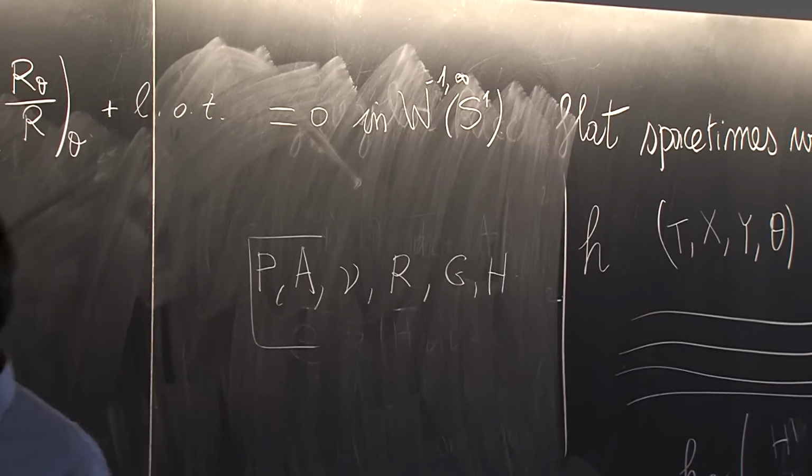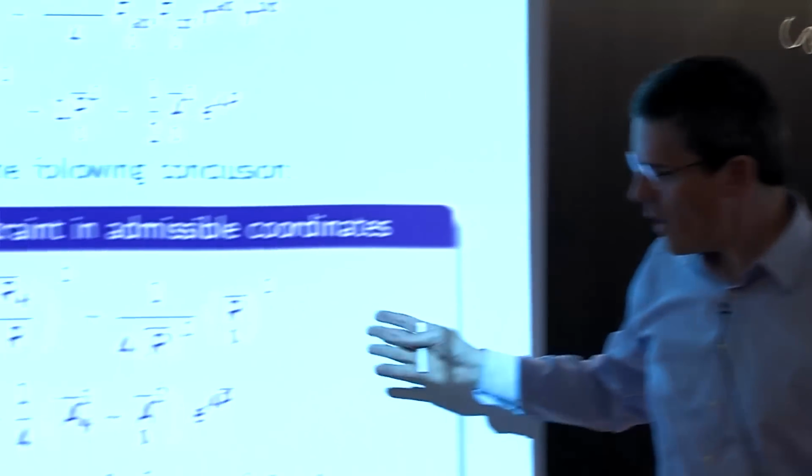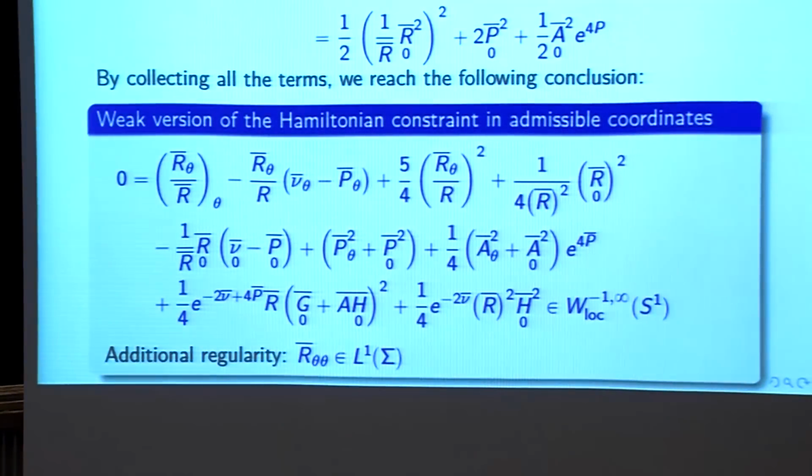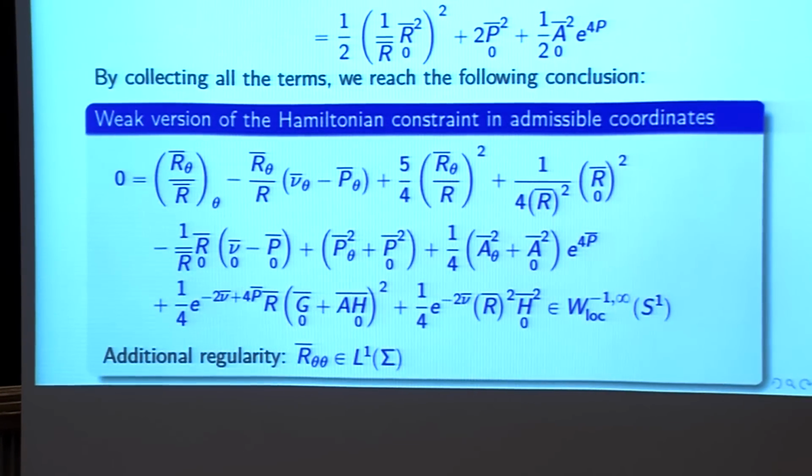I could probably say immediately that this equation implies some additional regularity that we didn't assume before. Which regularity? Simply because only one term contains two derivatives, the first one, right? All the other ones contain only one derivative. And for terms with one derivative, you know that these quantities are L1, L2, L infinity.